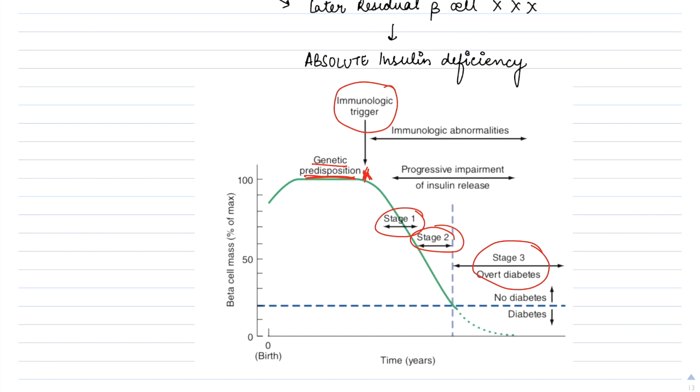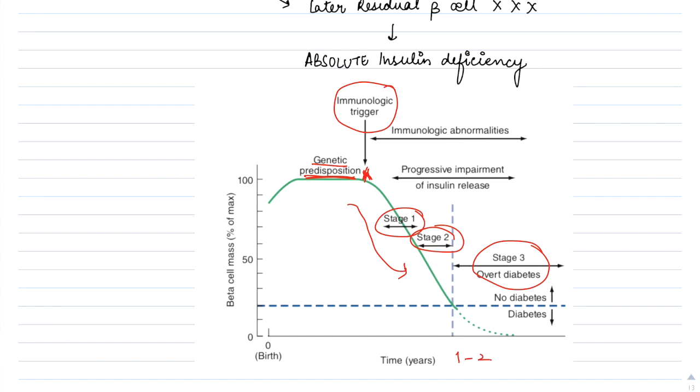So this shows the downward slope of beta cell function, and it varies between individuals, and it may not be continuous in all individuals. This phase of stage 2 is usually the first 1 to 2 years of the onset of diabetes.